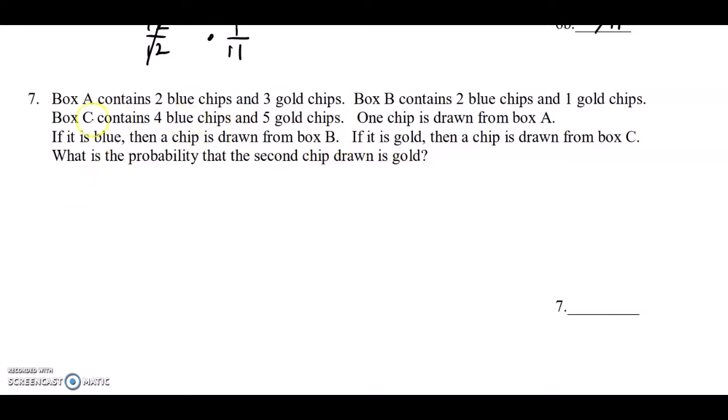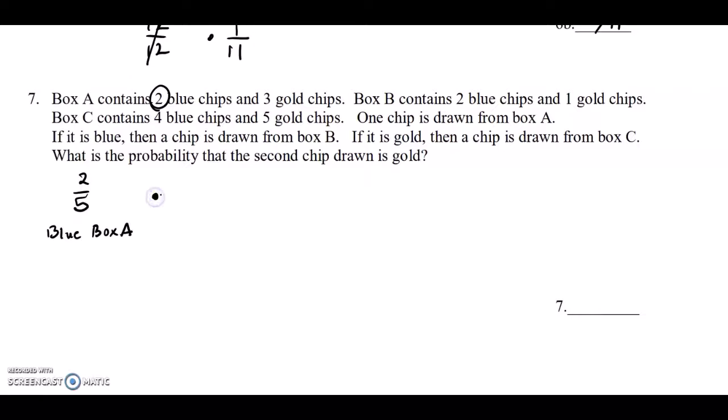So I could choose from box A. If I chose a blue from box A, I write it like this. That would be 2 out of the 5 that are available.